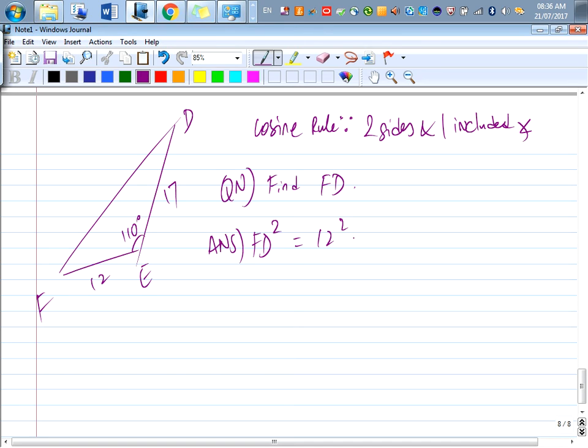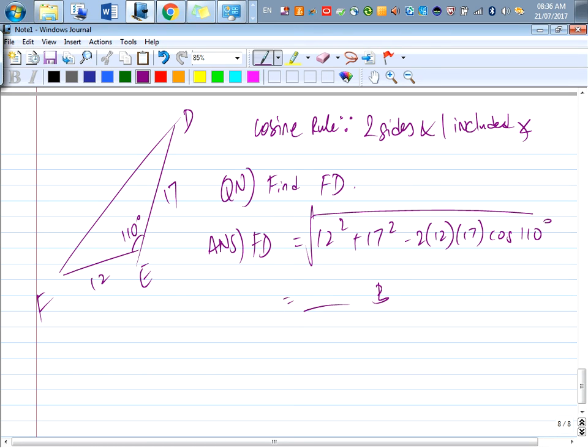Yes? Okay, faster, faster. Yeah. Then FD is just square root of this thing. Okay? Answer in 5SF. Then rounding off to 3SF.